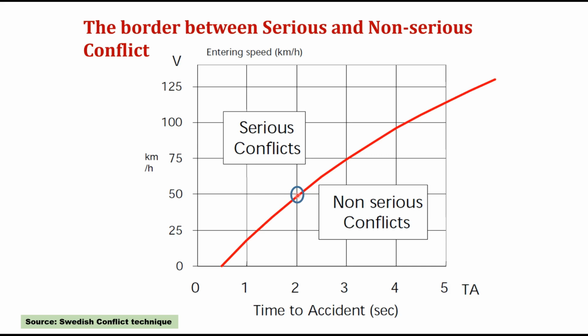But if he can be given more than 2 seconds, then it will certainly be a non-serious conflict. Similarly, at a speed of 75 km/h, this point here is at 3 seconds. So if a driver can be warned more than 3 seconds before the accident, then a serious conflict can be avoided.